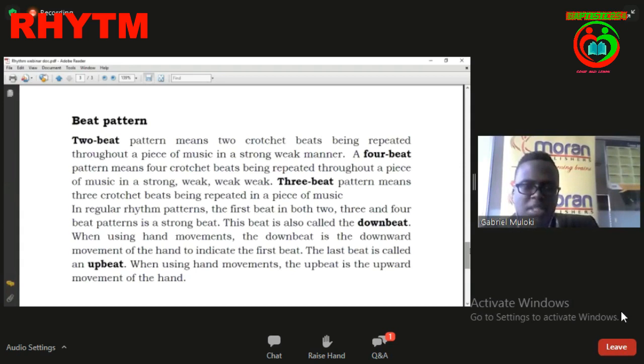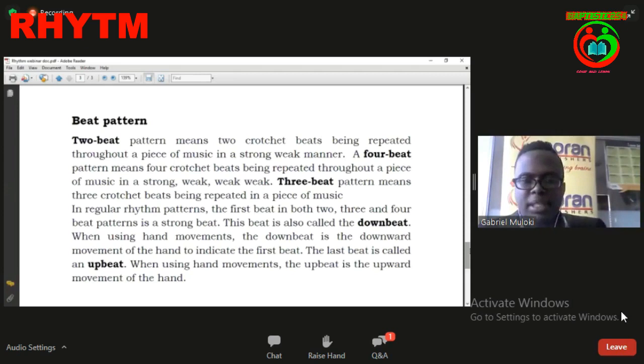So the 2-beat pattern is the basic beat pattern which exists in music. Most common songs like Lightly Row are in 2-beat pattern. We also have Maua Mazuri ya Pendeza, it's also in 2/4. So you can use those songs and identify the 2/4.